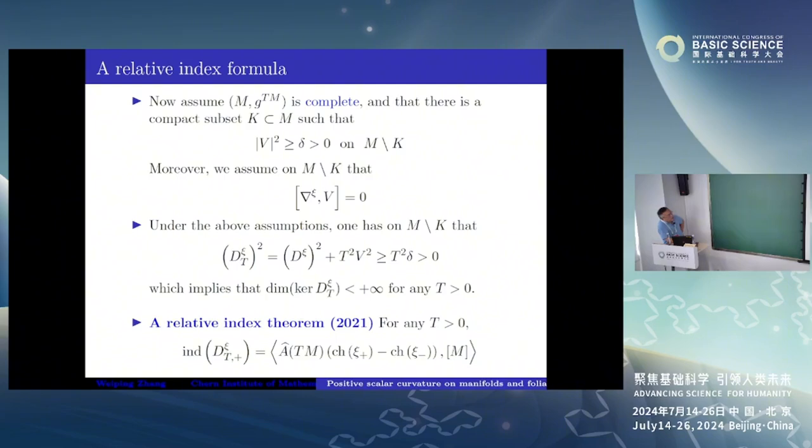We also assume that V identifies these two bundles near infinity, outside the compact set.